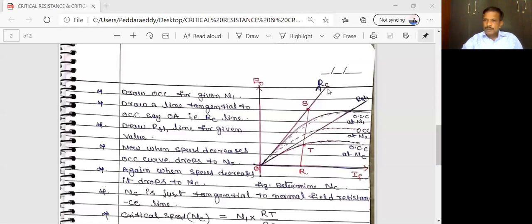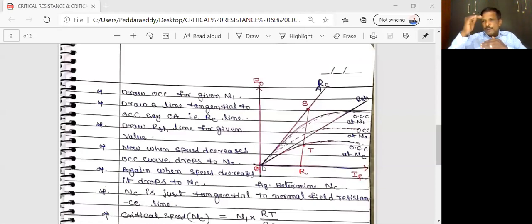Coming to critical speed, this is the open circuit characteristic curve drawn for rated speed. Earlier, if you increase the resistance, we get a number of slopes.